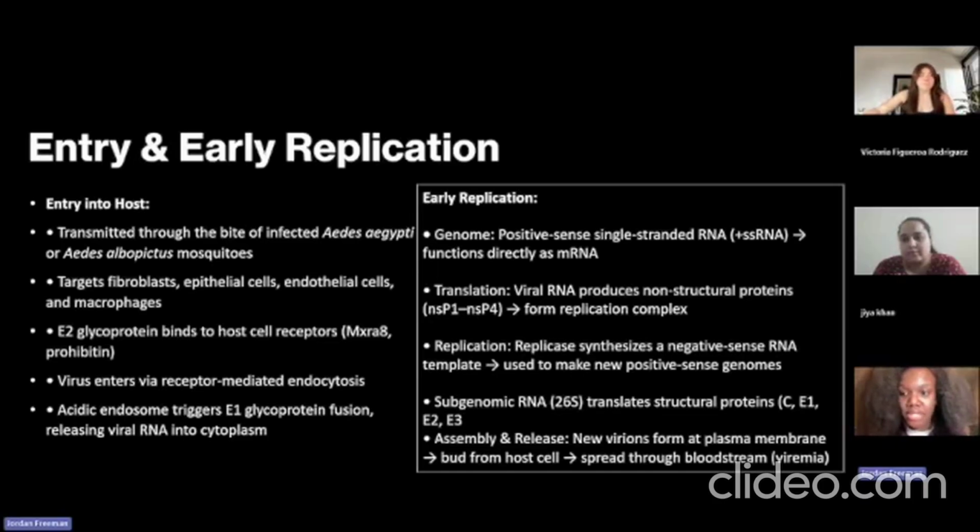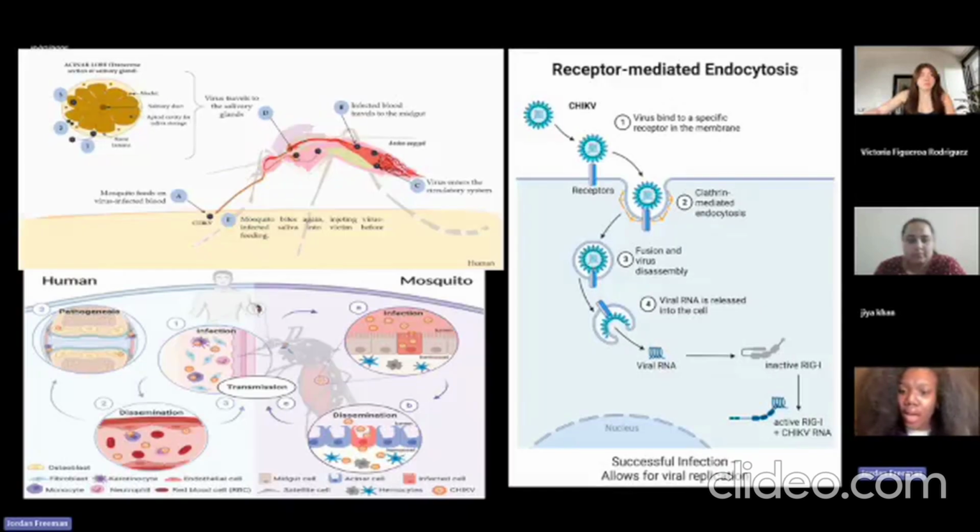On the surface of those cells are special receptors. Think of them like docking ports. The virus uses its own surface protein called E2 to attach to the receptors and gets pulled inside the cell through a process called endocytosis. Basically, the cell swallows it up.